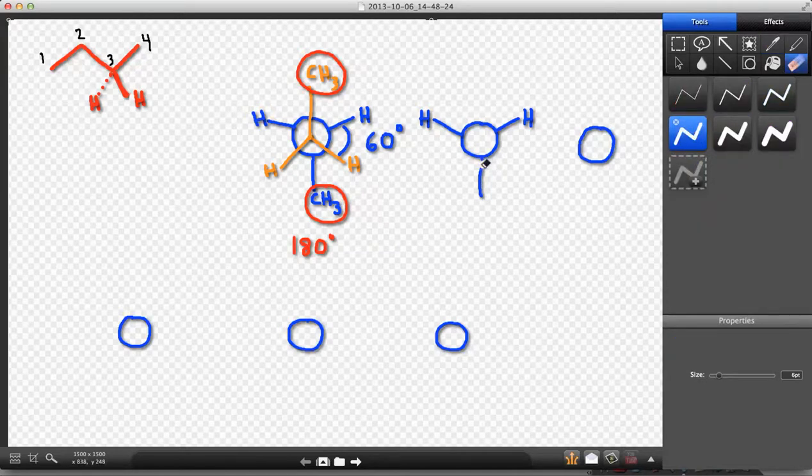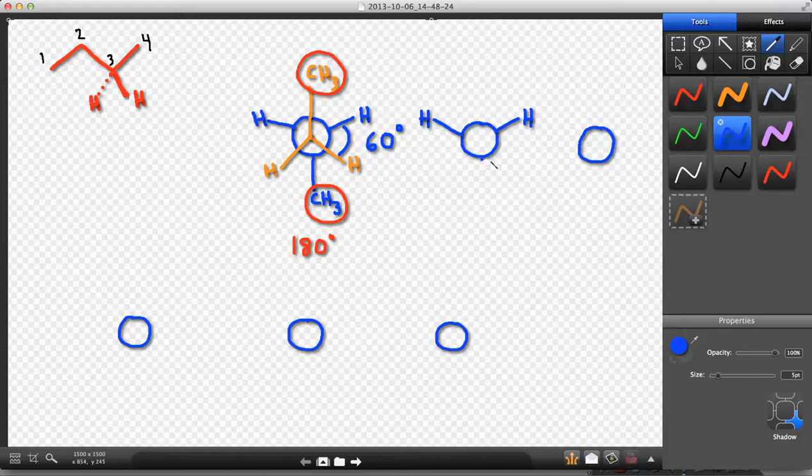Unless, of course, I can't draw a straight line, and then I'll erase it so I can do it again. So if you'll bear with me just for a couple of moments, I'm simply going to repeat what I have already drawn.